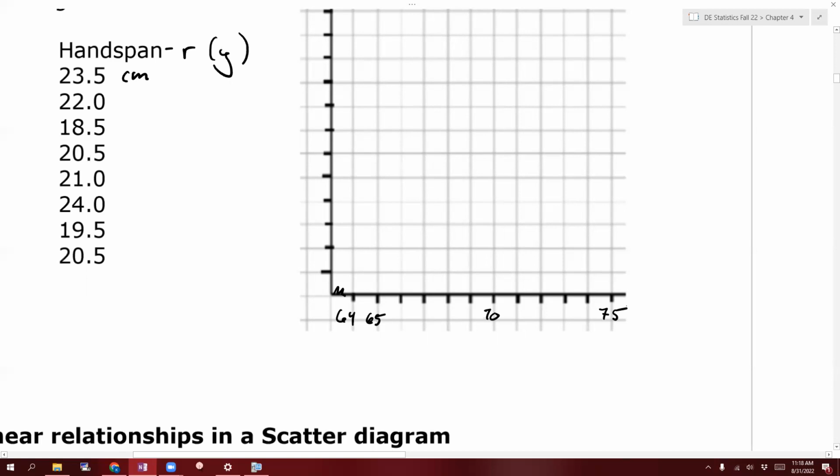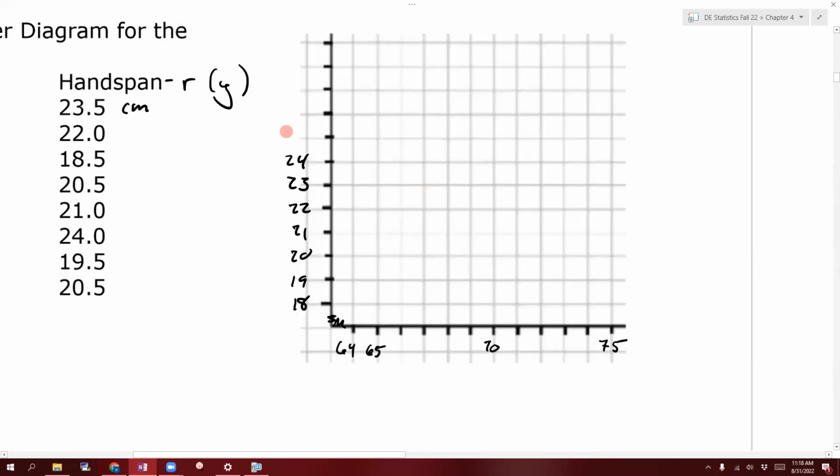I started at 18. Again, graph break, 18, 19, 20, 21, 22, 23, 24. And then you could go up higher. It wasn't big enough to make it so I could have every half centimeter. So this was the scale I chose. And then you can fill in as many of these as you want to make it easier for you to find those.